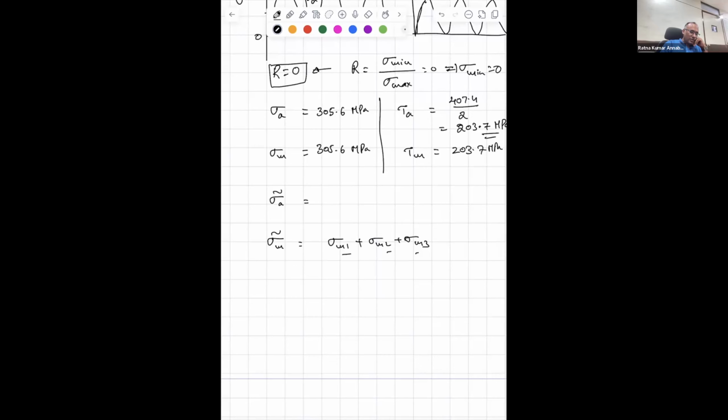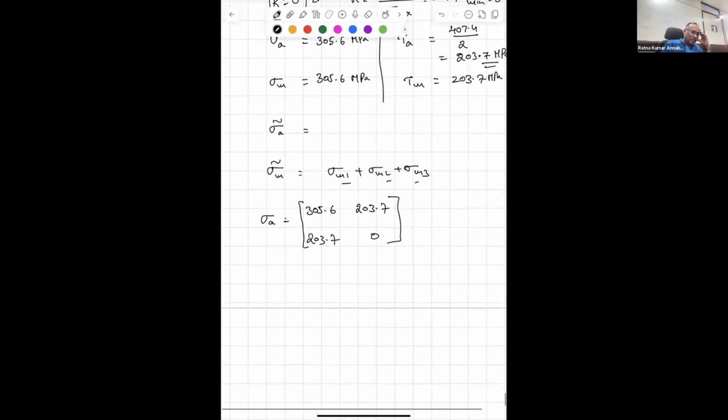So if you write the sigma A tensor, that will be 305.6 because it is XX, so it's two-dimensional. This is 203.7, this is 203.7, this is 0. Right? If you take sigma M, 305.6, 203.7, 203.7, right?